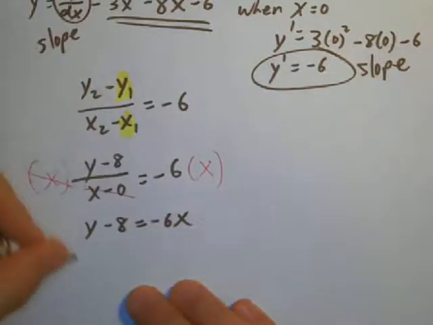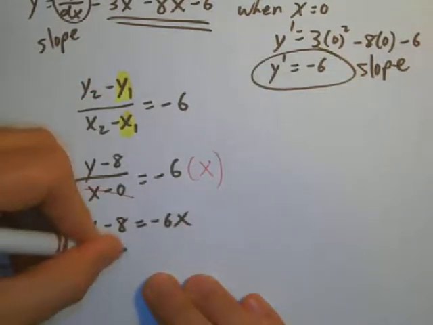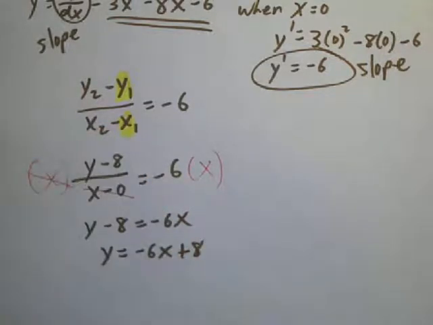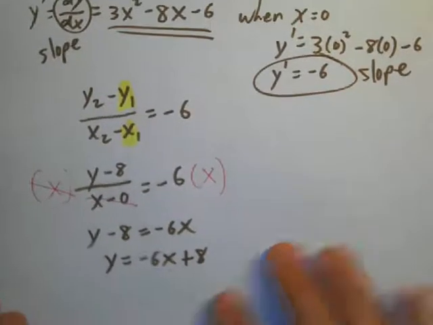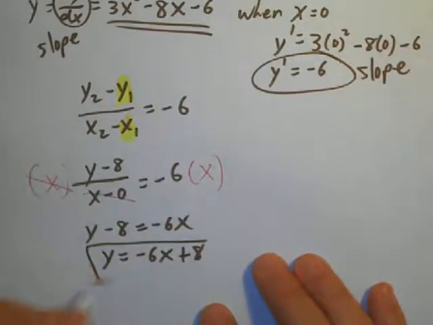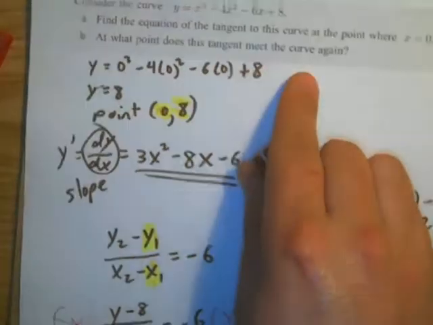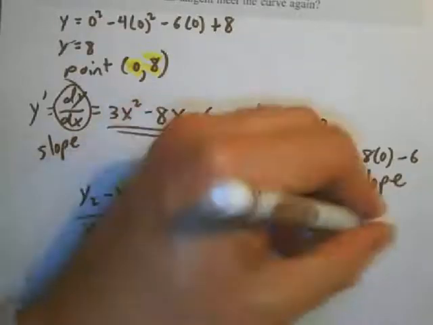Add 8 on both sides, and I get y equals negative 6x plus 8. This is the equation of the tangent when x equals 0. That's the answer for part A. Part B says, at what point does the tangent meet the curve again? So we're going to use technology.